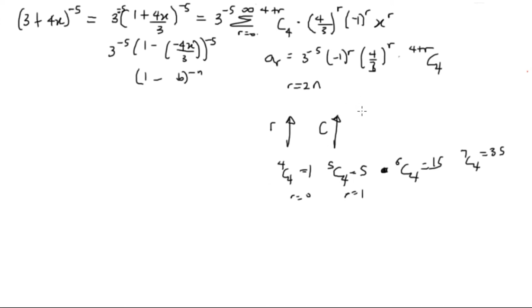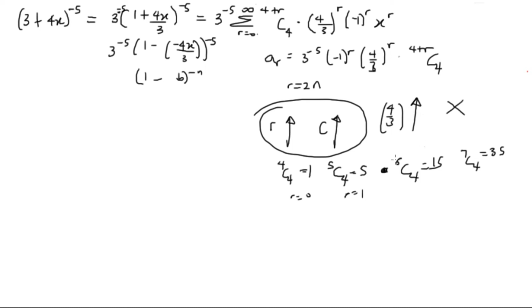Now, what will determine if we can have a greatest coefficient or not, because this 2 is always constant, is whether our b, which is 4 over 3, will increase or decrease as r increases. If our b also increases as r increases, then we cannot have a greatest coefficient.